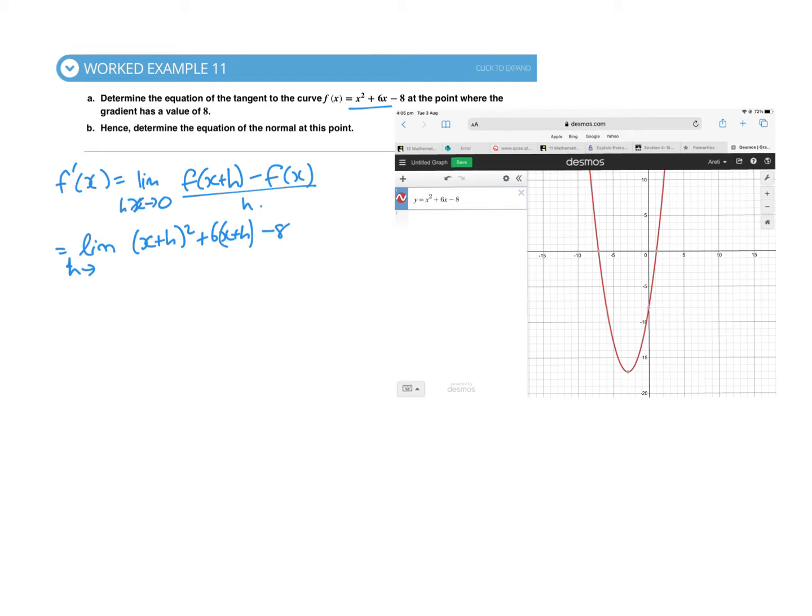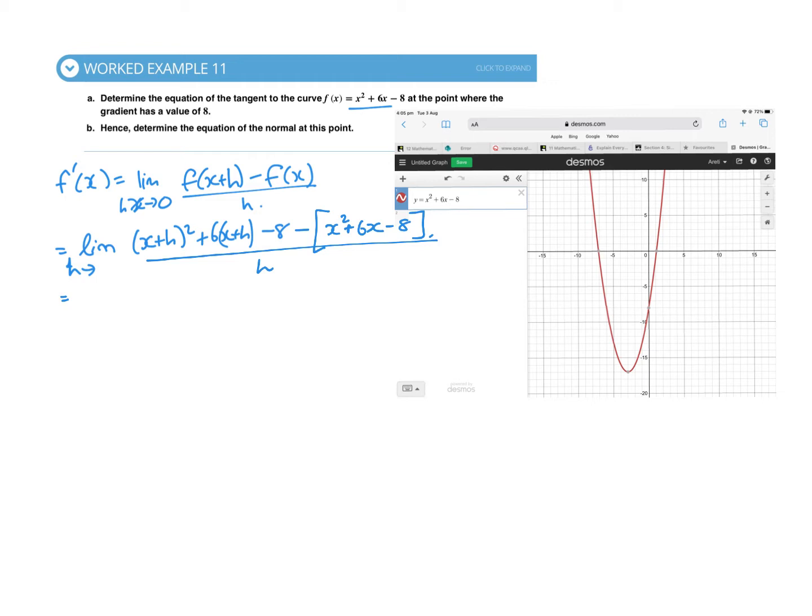So we've effectively done this part here, and we're going to subtract away f of x, so the function as it is, which is the raw function with just the x in it without the plus 8. So x squared plus 6x minus 8, and it's yet to be divided by h, so don't forget that bit.